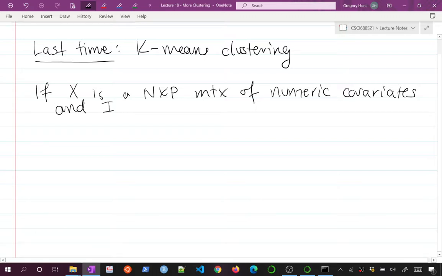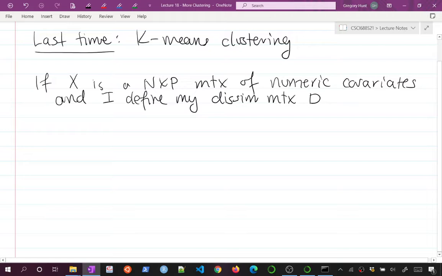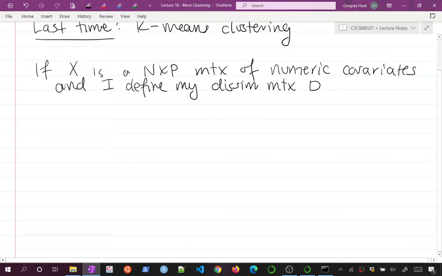And we had developed K-means in the classic context where I define my dissimilarity matrix that we're calling D, which tells me pairwise the dissimilarities between my ith and jth observations.